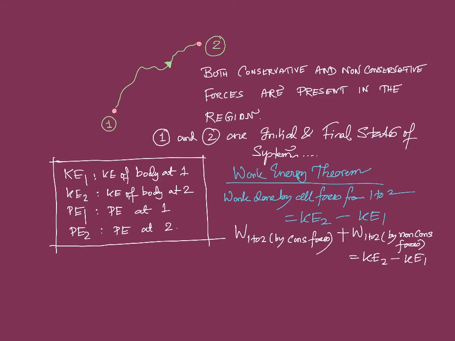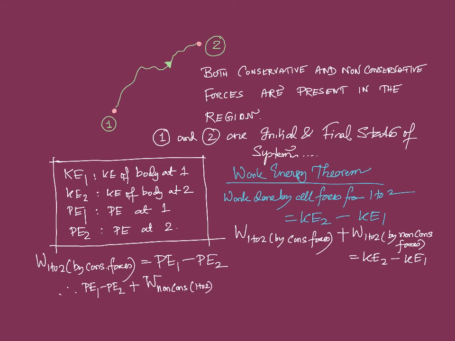Now by definition, work done from 1 to 2 by conservative forces is the difference in potential energy, PE1 minus PE2. So we can arrange the terms: PE1 minus PE2 plus W non-conservative from 1 to 2 equals KE2 minus KE1.